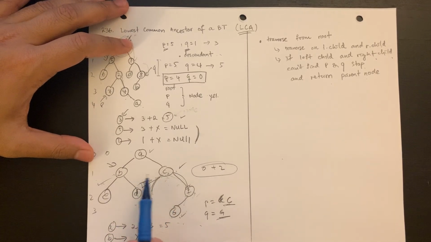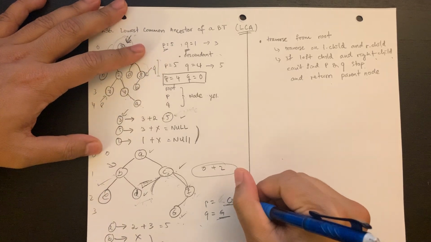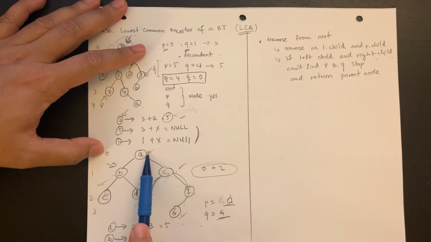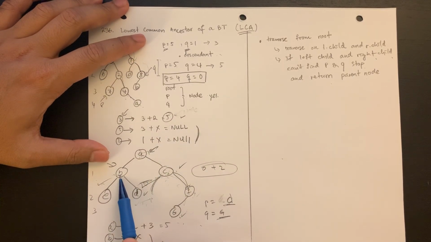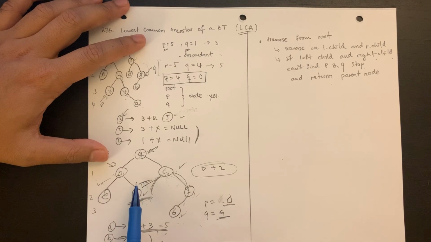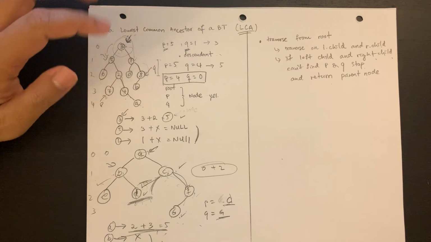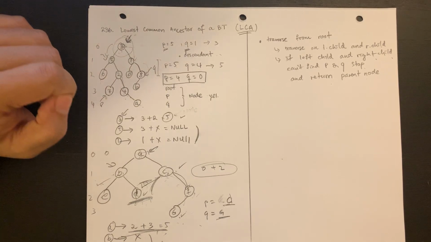So if we look at this example, when we have D and G, we start at this node, our stack is on top, so it's reversed, go left, couldn't find it, go right, found it. I don't think we need to keep track of this value. Once we couldn't find it, we just stop.